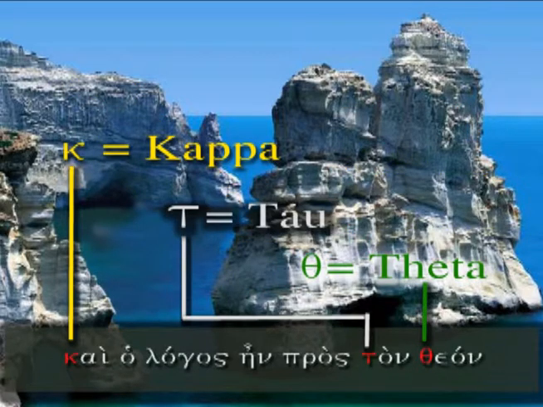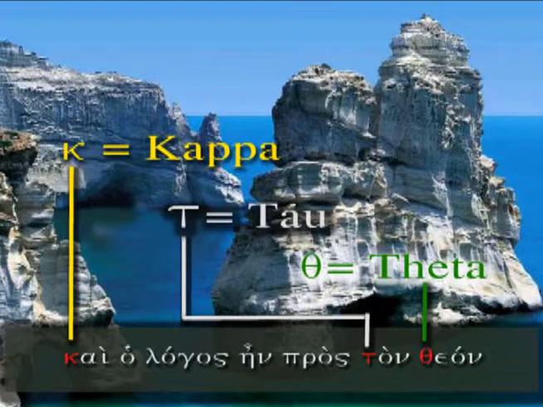The kappa in the word kai, which means and in Greek, has the initial sound ka. It is the English equivalent to the K sound. The second Greek letter is the Greek letter tau. This letter can be found as the initial character in the word ton. Ton means the. It is equivalent to our English T, as in Tom.